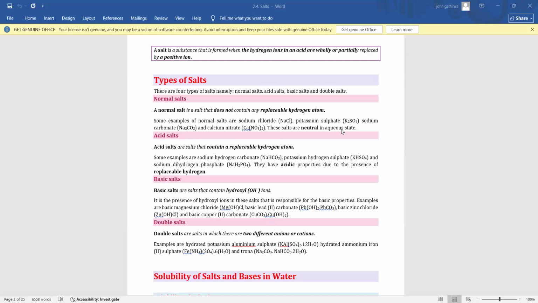All chlorides are soluble except silver and lead chloride. Lead chloride is soluble in hot water. Very good. Lead chloride is soluble in hot water.